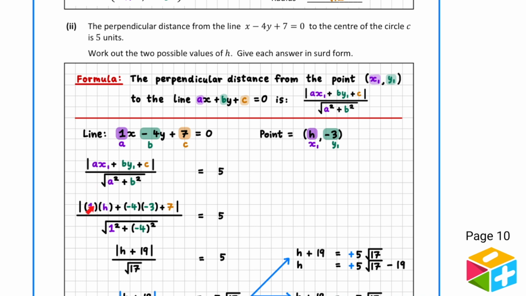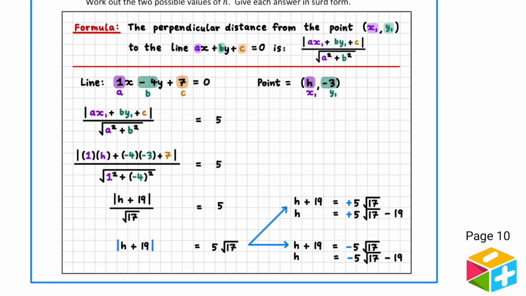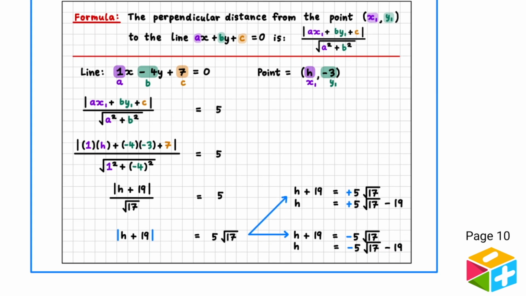Let's sub these values into our formula. From here we can simplify. 1 times h is h. Minus 4 times minus 3 is plus 12, and then when you add on the 7, you get plus 19. 1 squared is 1, and minus 4 squared is 16, so underneath the square root, we get 1 plus 16, which is 17.